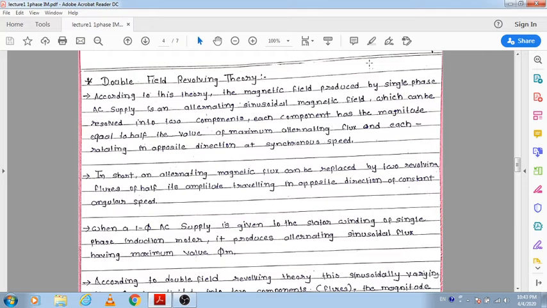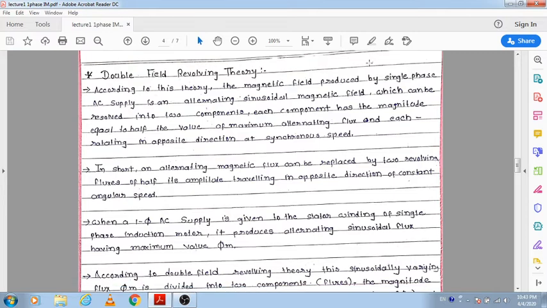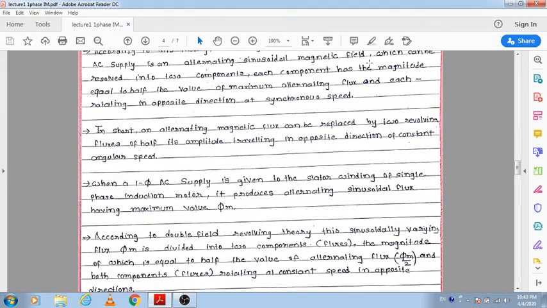This is the assumption we make, but how does it happen? Technically we can prove that this really happens. That's why it is not self-starting, and we need some auxiliary means to start the machine. In a single phase machine, when you supply the AC supply, we have the maximum flux, phi m.